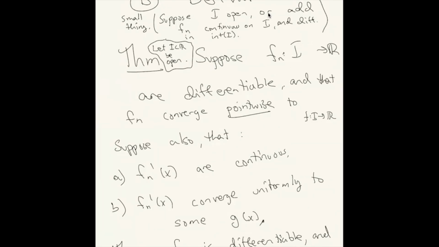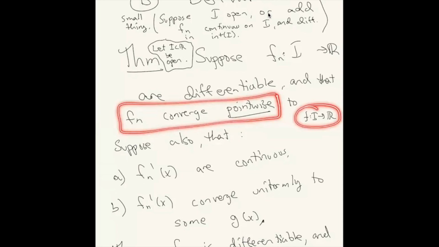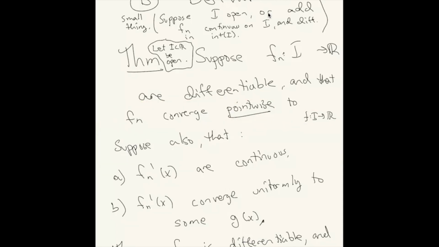So it looks like a lot of words here, so I will highlight only what's crucial. You have an open interval, and you have some differentiable functions. Of course, every differentiable function is continuous, so we don't state that they are continuous. We have that the functions converge pointwise to some limit function f, and the derivatives are continuous.